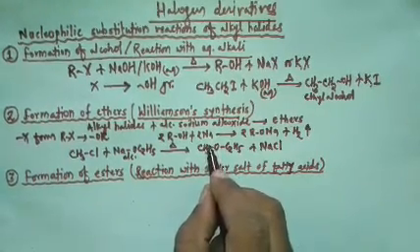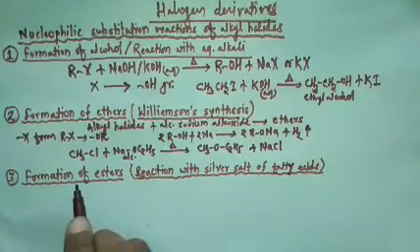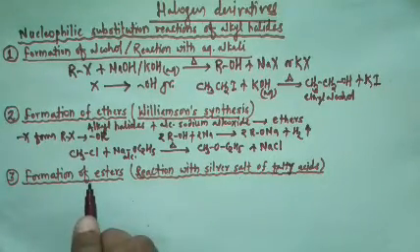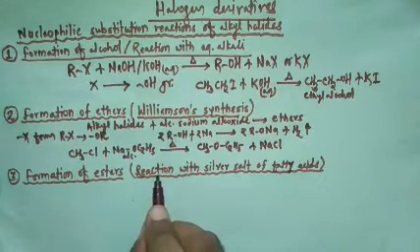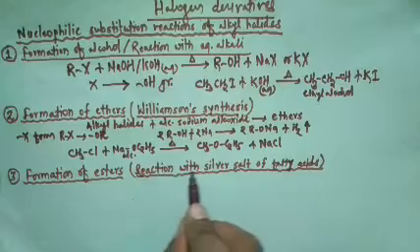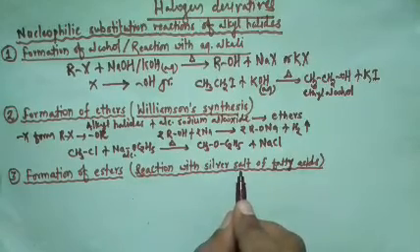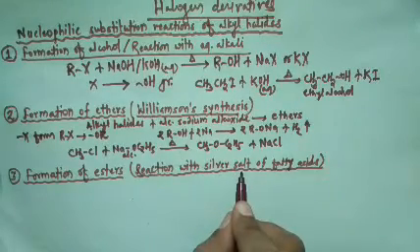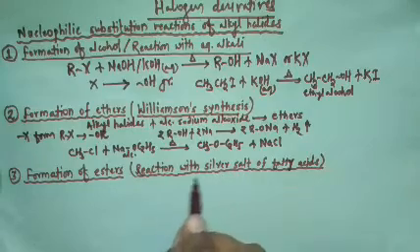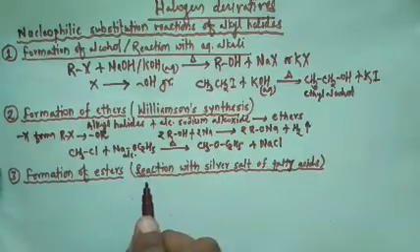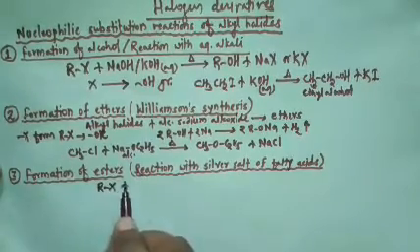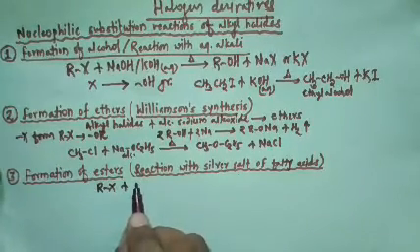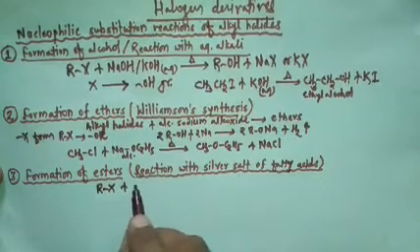Then the next reaction is formation of esters, or it is also called the reaction of alkyl halide with silver salt of fatty acids. So in this reaction, alkyl halides are reacted with silver salt of fatty acid.